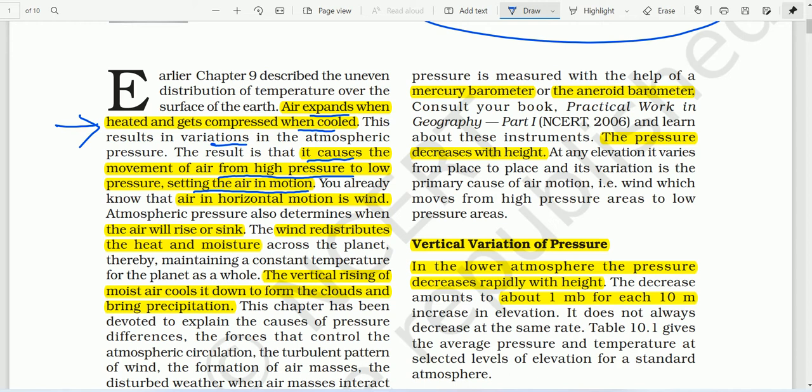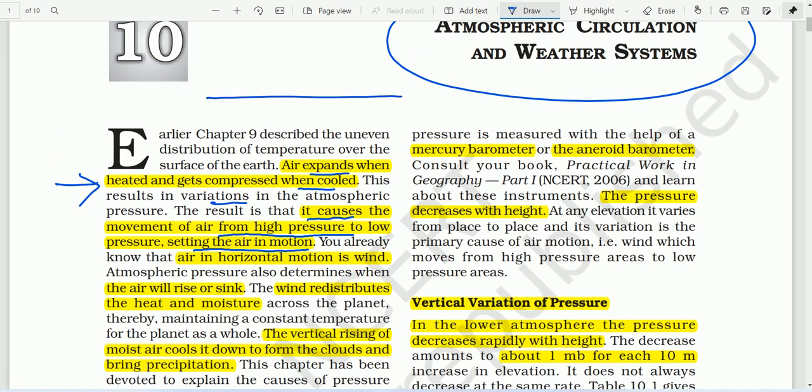In the areas where there is expansion, when the air is heated, you will find low pressure, and when the air is cooled down and compressed, there will be high pressure. And because of these pressure differences, air moves from high pressure to low pressure. So that is the point mentioned here.